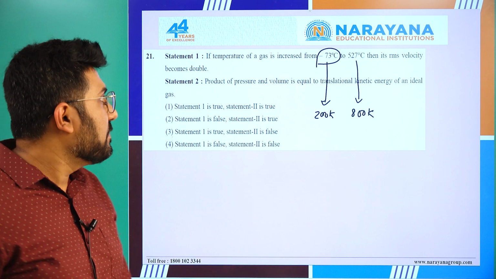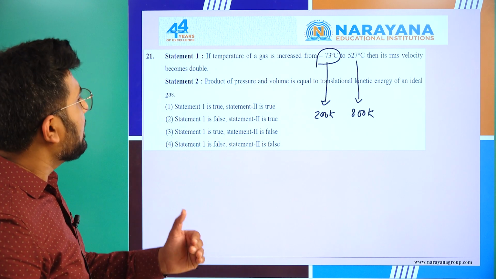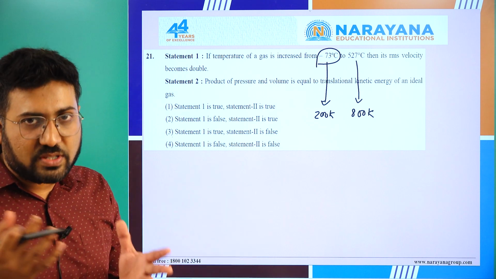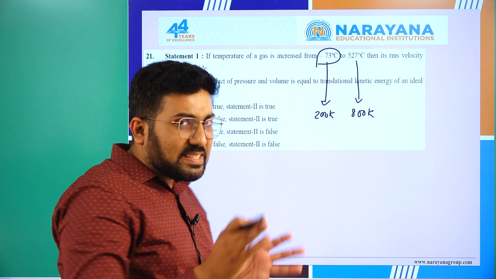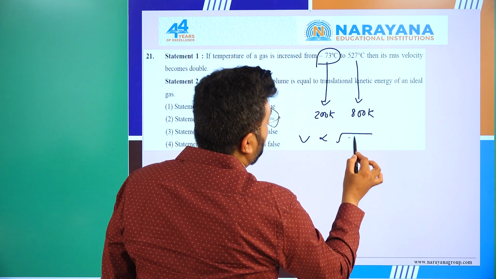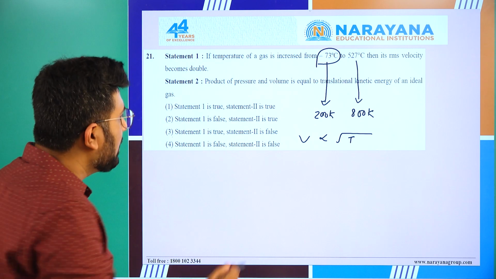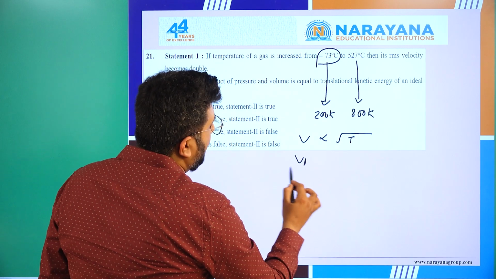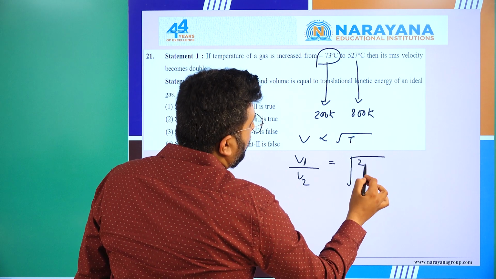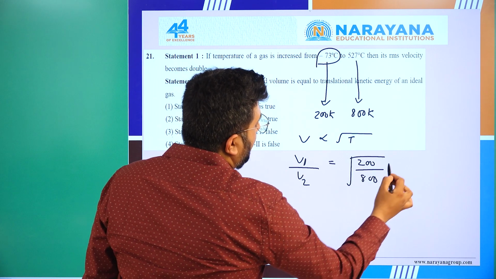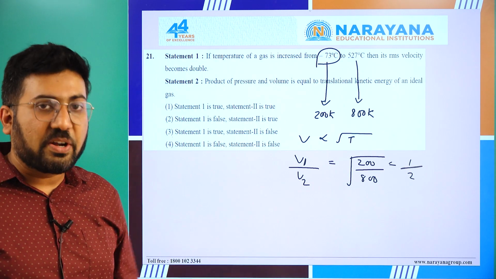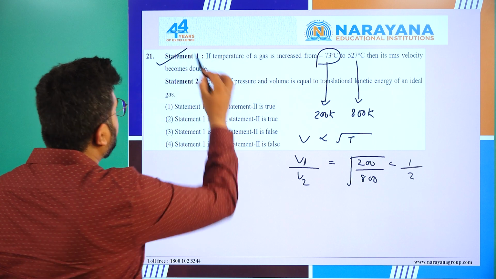Then what they are asking you is that if the temperature is increased, the RMS velocity becomes double, okay. So the gas they have kept fixed, that means the velocity is directly proportional to the root of temperature. So I can say V1 by V2 is equal to root over 200 by 800, that is half. So yes, the RMS value has doubled. So the first statement is correct.